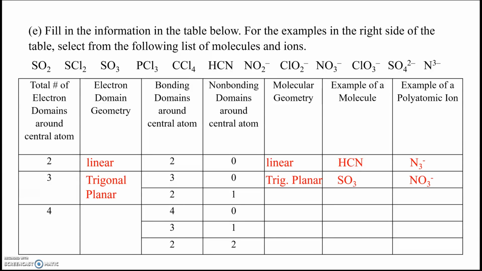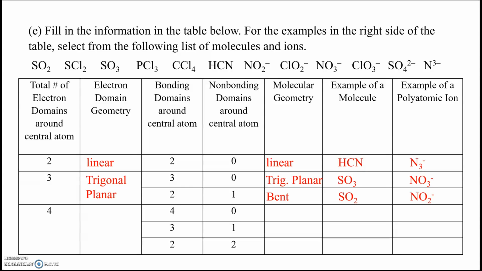When I have the 3 and 0, as we saw on the previous slide, this is a trigonal planar geometry, and an example would be silicon trioxide, and an example of a polyatomic ion fitting this category would be the nitrate ion. But I could also have 2 bonding domains and 1 non-bonding domain. When I do that, that gives me a molecular geometry that's bent. An example of this would be sulfur dioxide, or a polyatomic ion would be the nitrite ion.